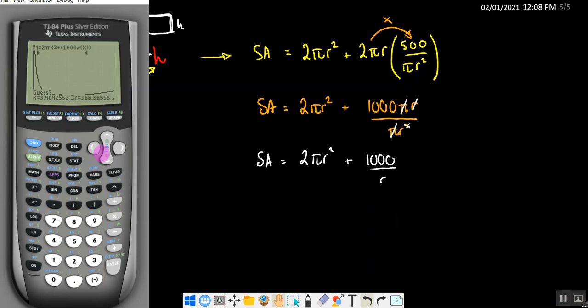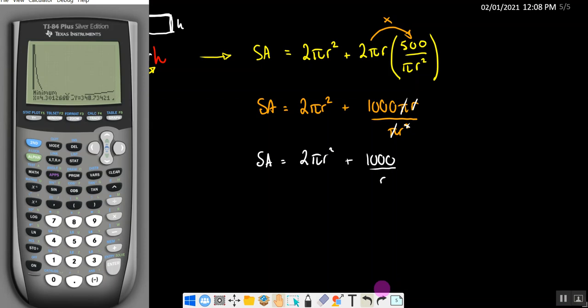Now, it's not very clear because I've got overlap. The best way to sort that out would be to add a negative y value to lift the whole graph up a bit. That might make it clearer, but it's there. If I press enter now, look, it's going to tell me my minimum is about there. So that's when x is 4.3.